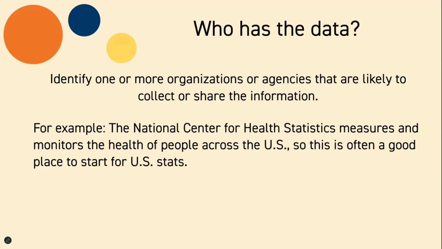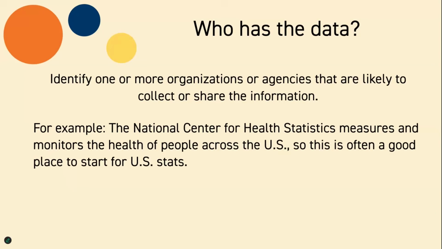Once you have an idea of the type of information you need, you want to figure out who has that information. I would suggest identifying one or more organizations or agencies that are likely to collect and/or share that information. So for instance, the National Center for Health Statistics measures and monitors the health of people across the United States. So it's often a good place to start if you're wanting to look at overall United States health.